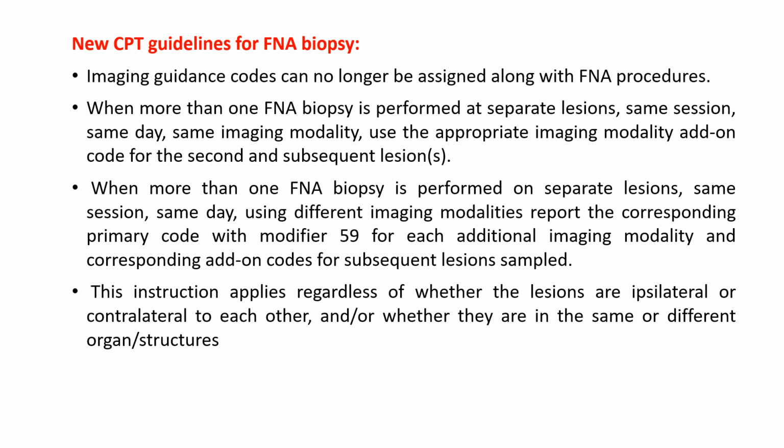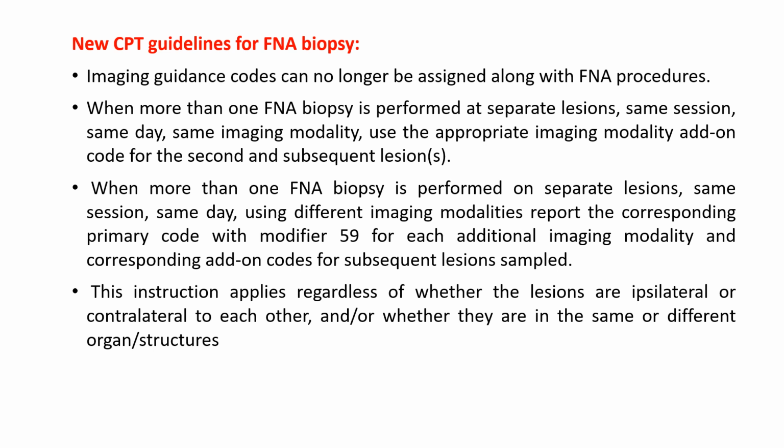So when more than one FNA biopsy is performed on separate lesions, same session, same day, using different imaging modalities, we need to report the corresponding primary code with modifier 59 for each additional imaging modality and the corresponding add-on codes for subsequent lesion samples.